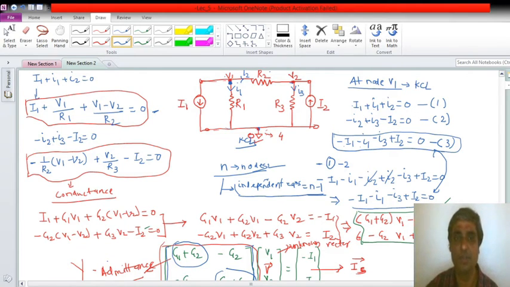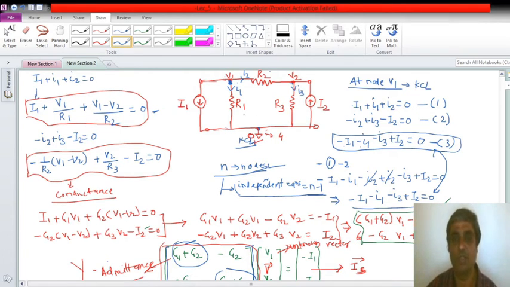So I have got a pattern. What is that pattern? All the diagonal elements will be the sum of all the conductances which are connected to that node. So the conductances connected to node V1 are G1 and G2, and for the second diagonal element, all the conductances connected to that node, so G2 and G3.